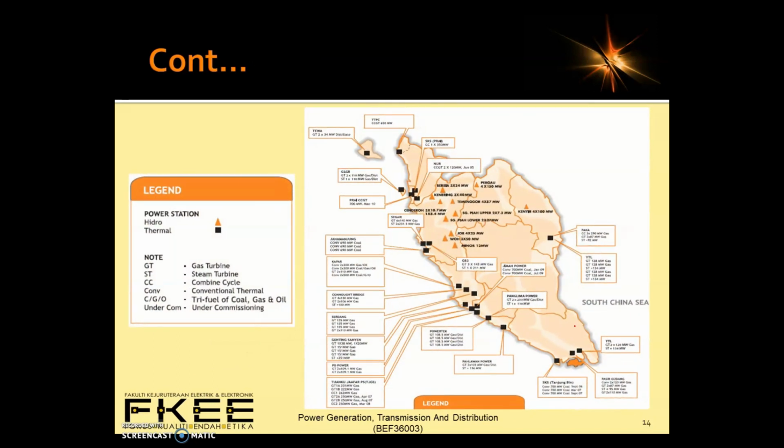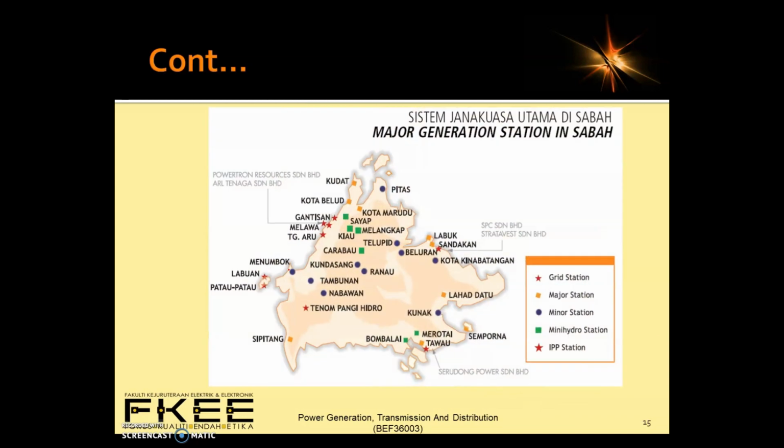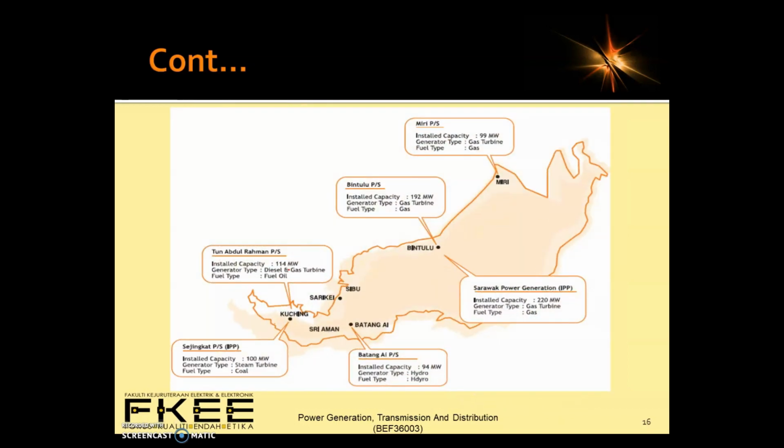This is the power station available in Peninsular Malaysia. We have gas turbine, steam turbine, combined cycle, and etc. This one is the major generation station in Sabah, and this one is a major generation station in Sarawak.